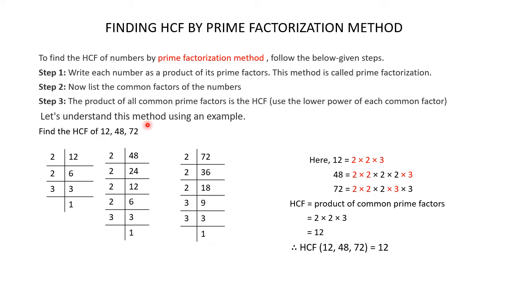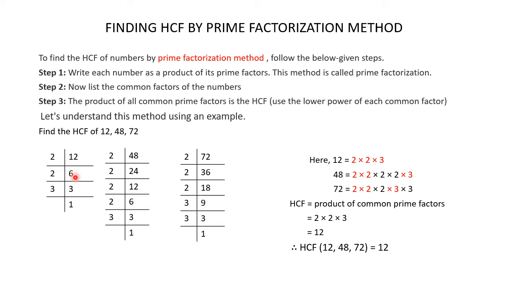Now let's understand this method using an example. Find the HCF of 12, 48 and 72. First, write each of these numbers as a product of their prime factors. Find the factors of 12. To find the factors of 12, first divide 12 by 2, you'll get 6.